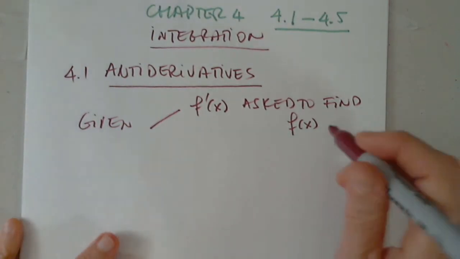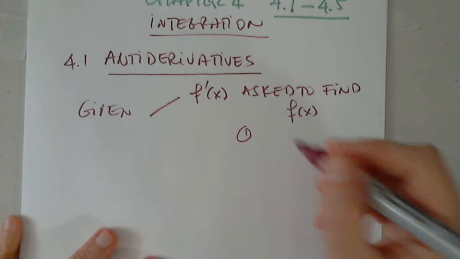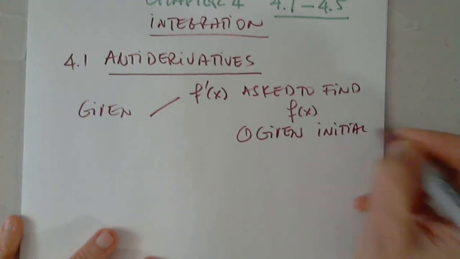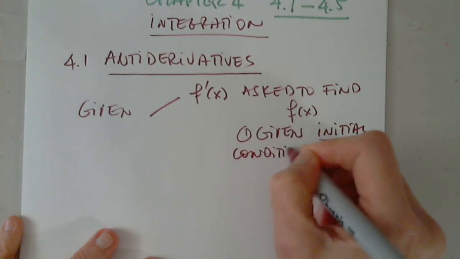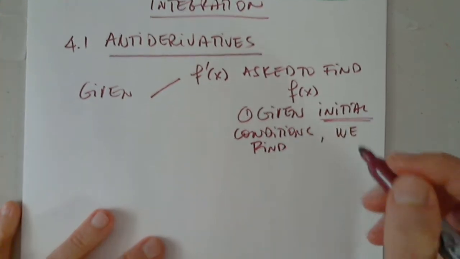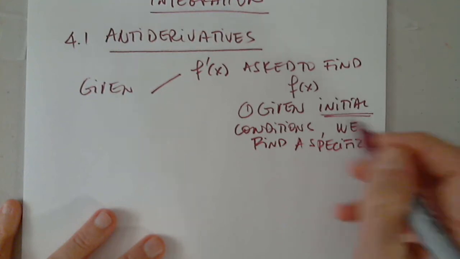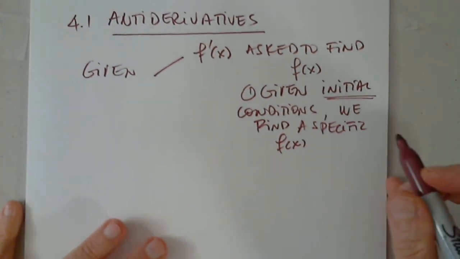There are also two options here. Option number one: given initial conditions, you're going to see what that means, we find a specific f of x, just one f of x.